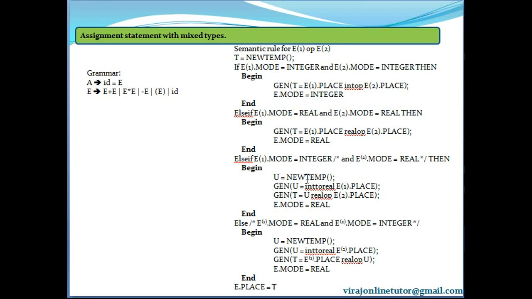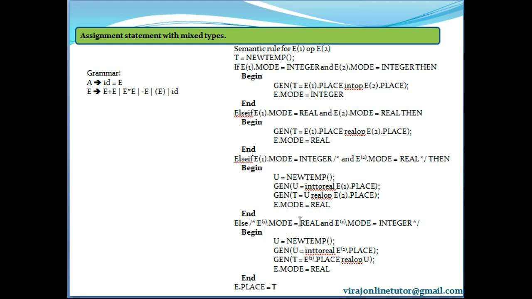Clear? So first you create a temporary variable and convert this integer E1 into real, and then you perform a real operation between the converted E1 and E2. E2 is real already, and assign the mode of the final answer as real.